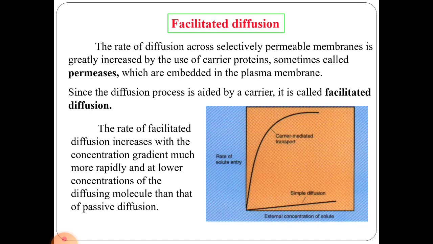Here the graph between the rate of solute uptake and the external concentration of the solute is plotted, and the difference between simple diffusion and carrier mediated transport or facilitated diffusion is shown. We can see a very good amount of difference between both the mechanisms.